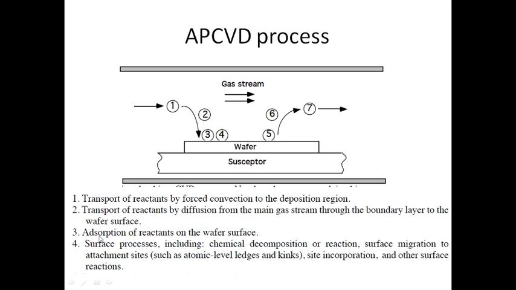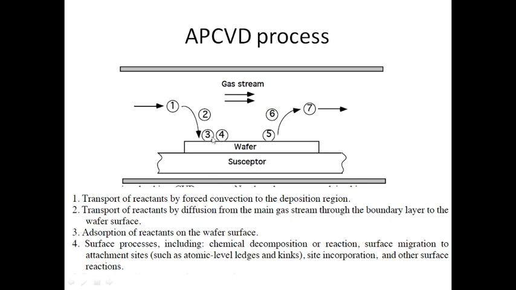Next is adsorption of reactants on the wafer. Now they are sticking onto the wafer surface. Then surface processes, including chemical decomposition or reaction, and surface migration to the attachment sites at the atomic level. These are all very small in dimension.